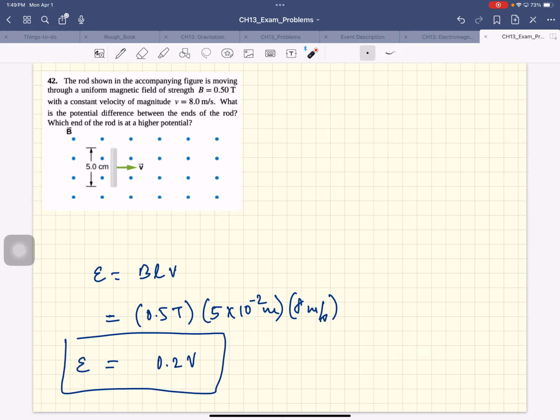So 8 meters a second is about 20 miles an hour. You move this thing 20 miles an hour and it's only about 0.2 volts. So if this was a plane flying through the Earth's magnetic field, the plane develops a voltage across its wingtips.